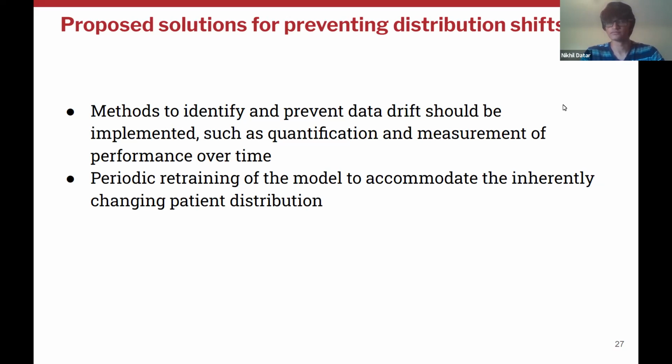Additionally, another key way to prevent this is periodic retraining of the model to accommodate a changing patient distribution. Obviously, if you retrain the model, then you're keeping up with the way that the distribution is changing, and so hopefully you'll be able to prevent significant performance drops. Now, one thing that's important to note is that how often this periodic retraining occurs may differ.